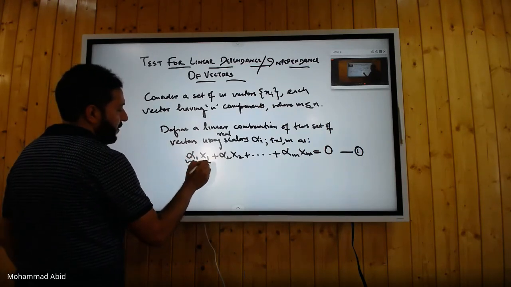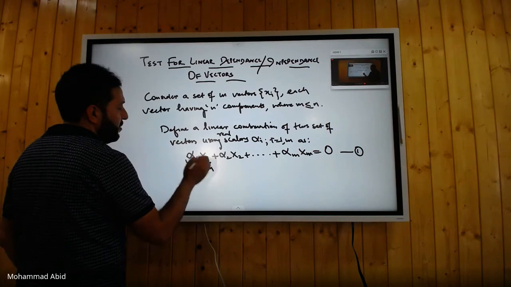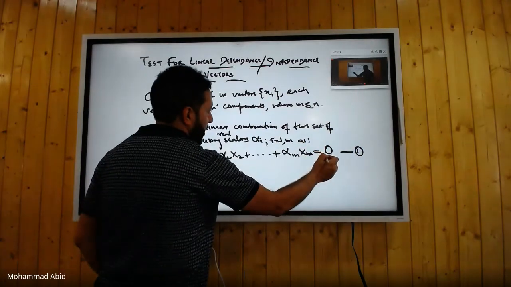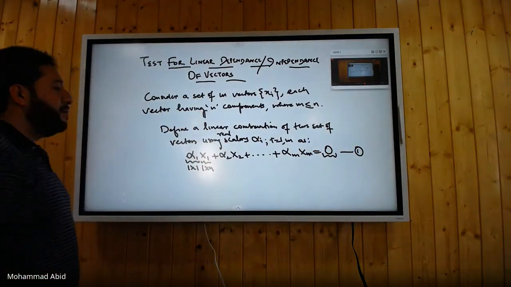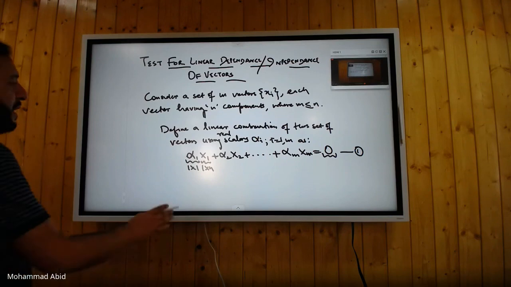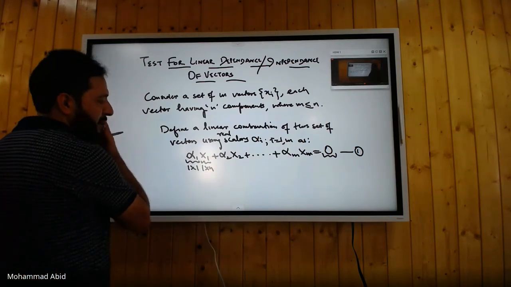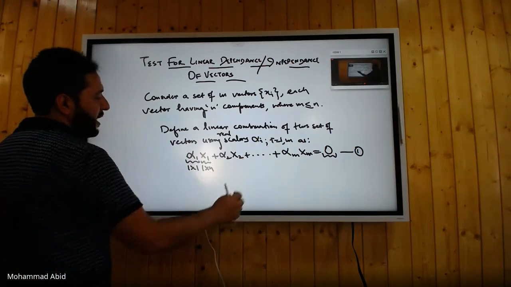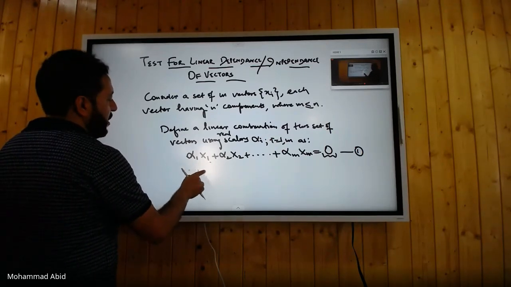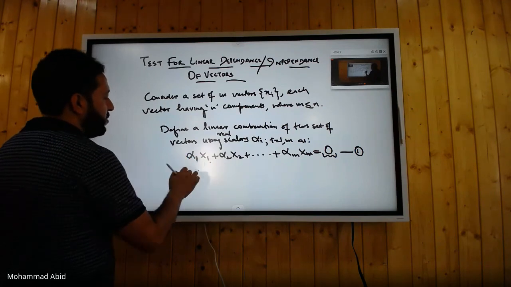The size of x1 is what? n cross 1. It is just a scalar. It will just multiply inside all terms. Multiplying all terms by alpha, the size will be the same as x1, so the size of this 0 must match, because we are adding, and addition requires compatibility. Are you getting me? Yes. So basically I am taking a linear combination of these vectors, and this is a scalar multiplication, not a multiplication of vectors. So the size of the 0 will be the same as the size of x1.